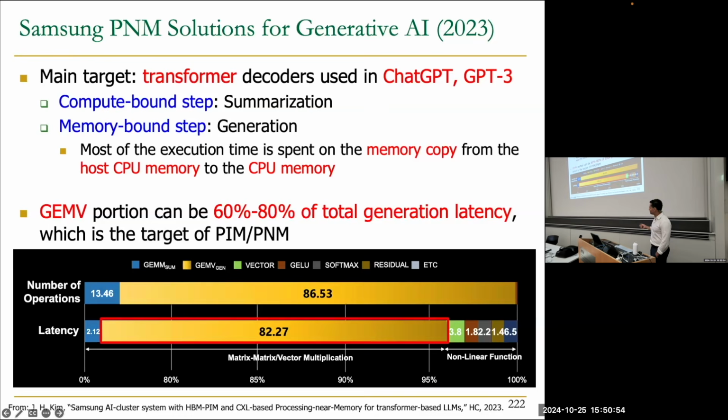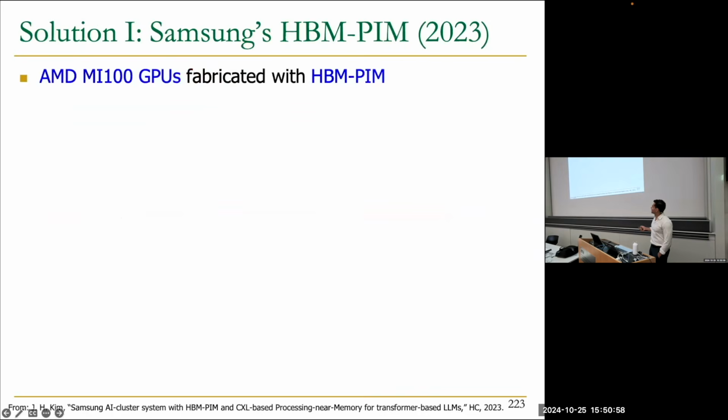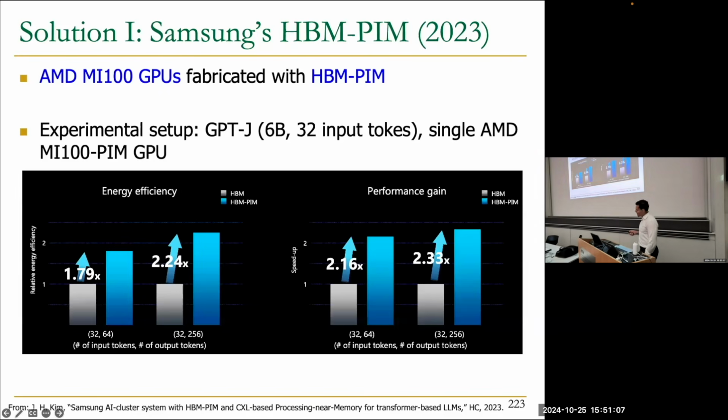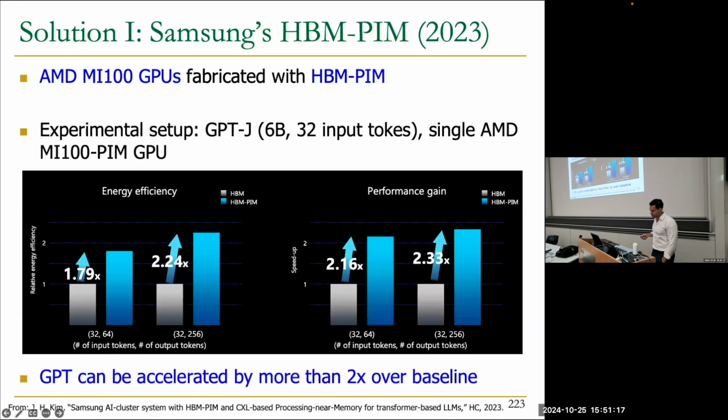This is their plot showing that the generative step in transformers is memory bound. Then they came up with this architecture that merges this HBM PIM architecture together with AMD GPUs. They show that if they collaboratively do the computation together with the GPU, this is much more beneficial than doing the computation using only the GPU itself.